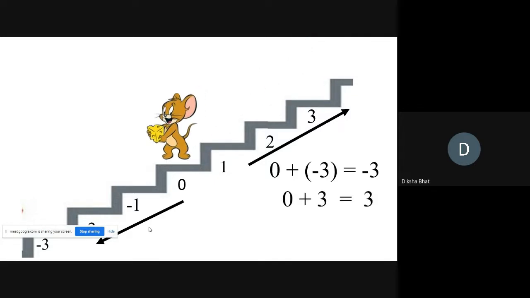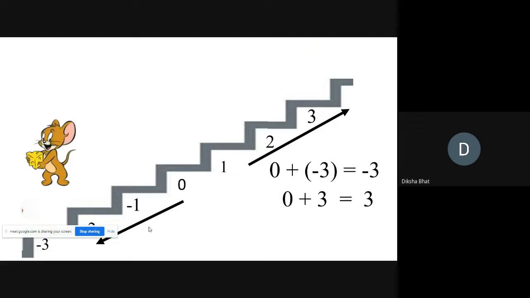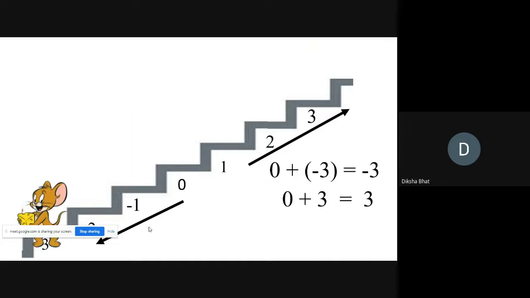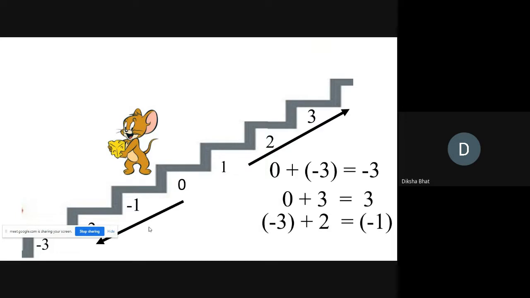Where will he reach? -3. Yes, correct. Suppose he takes 2 steps up from negative 3. -1. Yes, correct. That is negative 3 plus 2 is equal to negative 1.